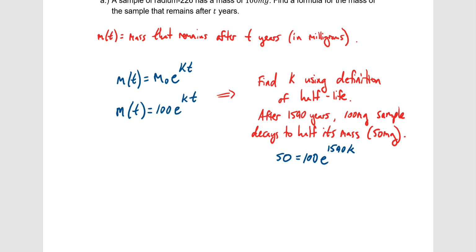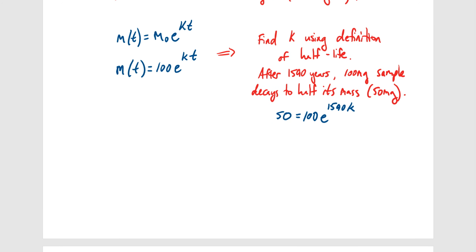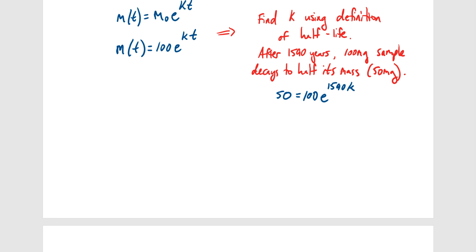Okay, so that's because, from what we just said right here, m of 1590 equals 50. After that many years, the new mass is 50. So now we can solve for k. So we can solve for k by dividing both sides by 100. 50 divided by 100 is 1 over 2, it's 1/2.